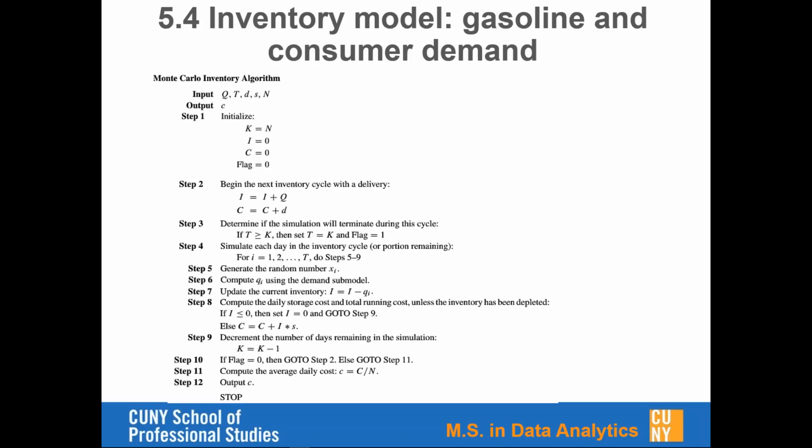So your new inventory would be inventory equals previous inventory plus Q, and your customer count C equals C plus D, that's the coming demand, etc. Then when you reach a certain threshold, you reorder or stock out, and you do the analysis, calculate your average daily cost, and then determine what would be the right stock level.